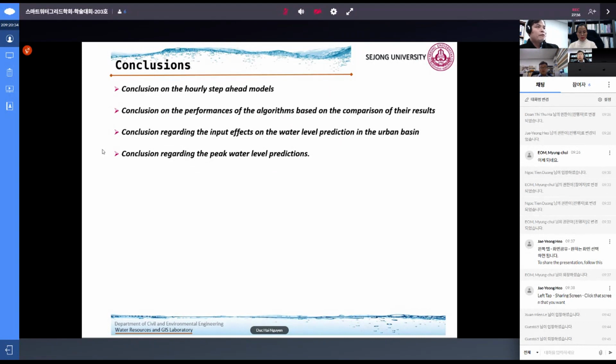Then the conclusion on the performance of the algorithms based on comparison of their results, the conclusion on the input effects on water level prediction in the urban basin, and finally the conclusion regarding peak water level prediction.